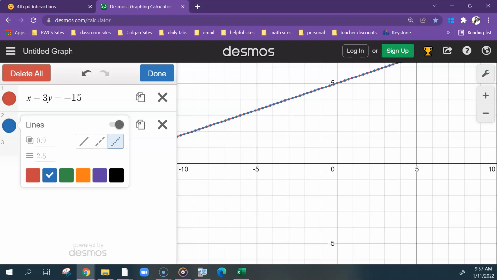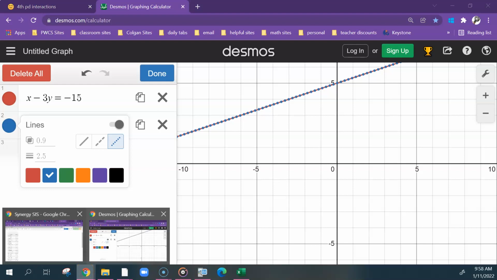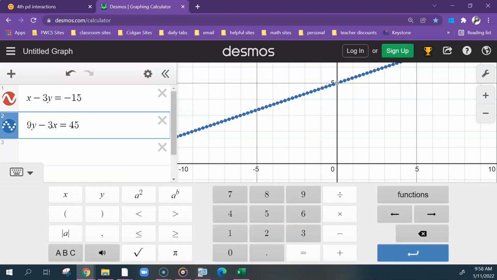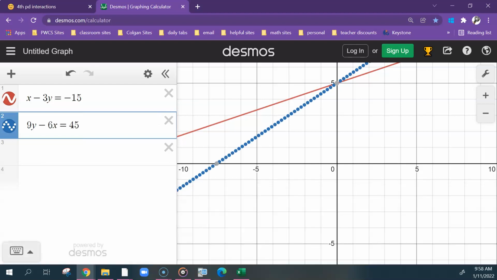So they would have infinitely many solutions. If it was one solution, it would show you where they intersect. So let's say I change something here. It would show you where they intersect, and you could click on that point, and it would show you the intersection point.